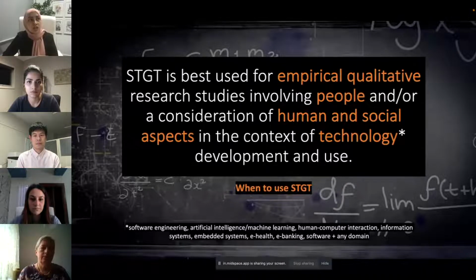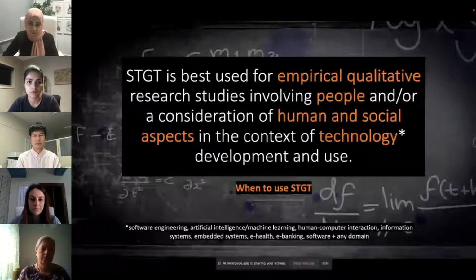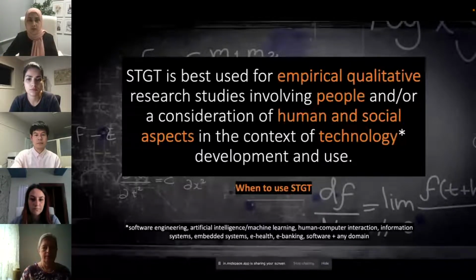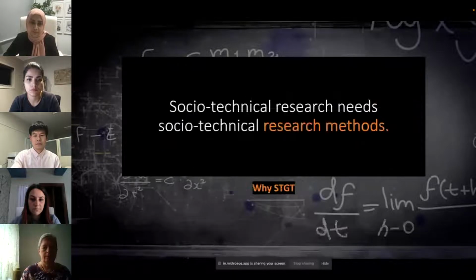This technology can be software engineering, artificial intelligence, human-computer interaction, information systems, e-health, e-banking, or basically anything software plus any domain, right? These days, almost everything has a component of technology in it. So that's when you would want to use STGT.